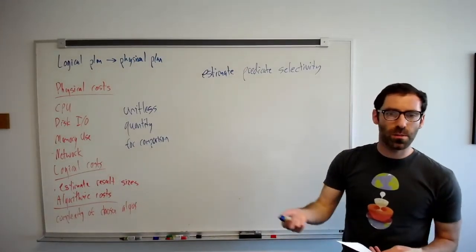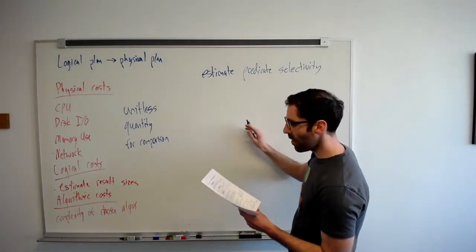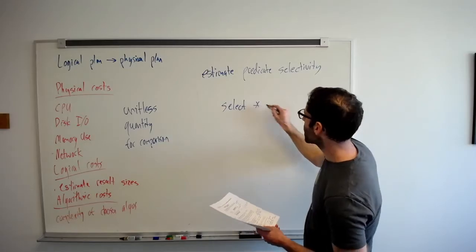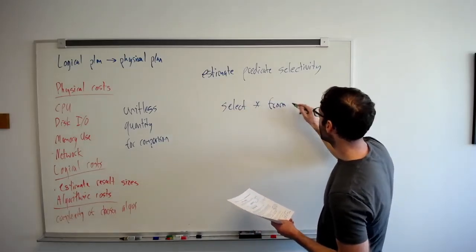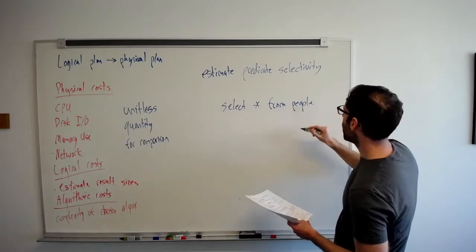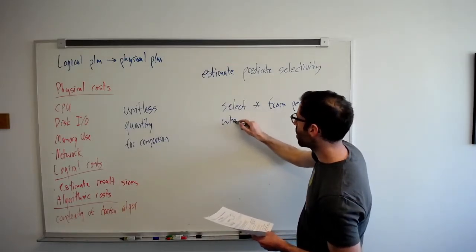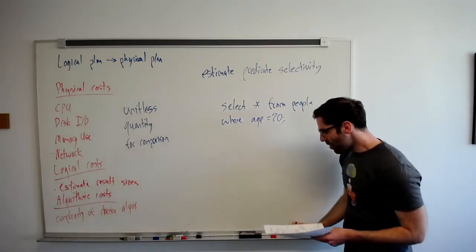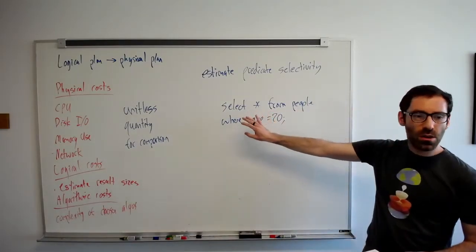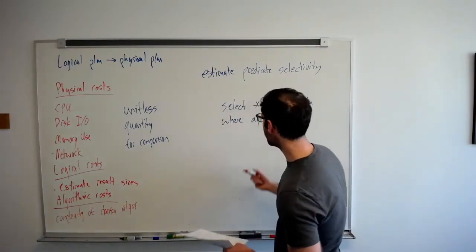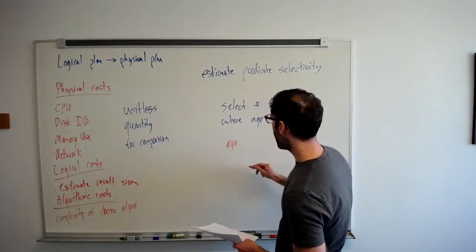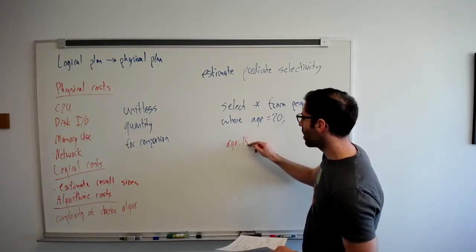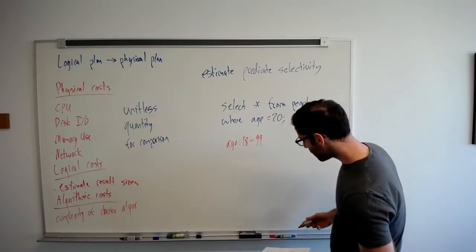And so it might say something like, all right, we have a select star from people where age equals 20. So the cost model might know that age goes in this database from 18 to 99.